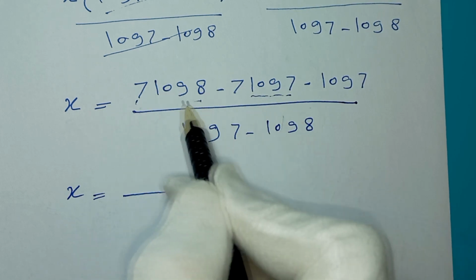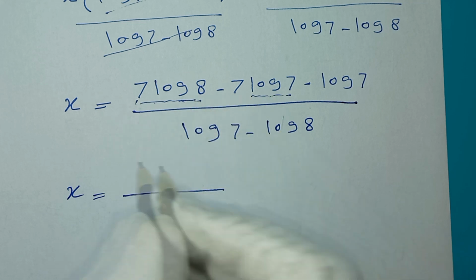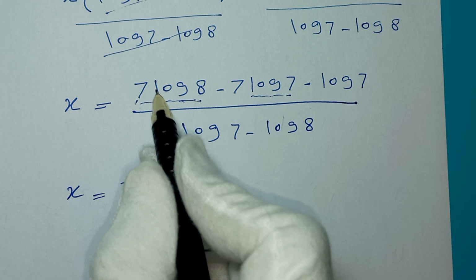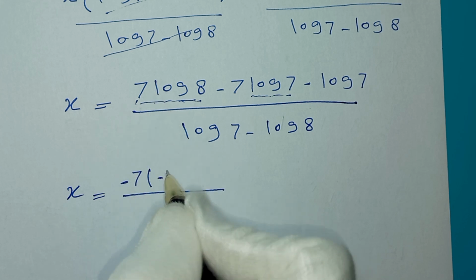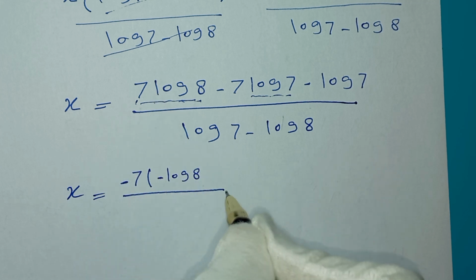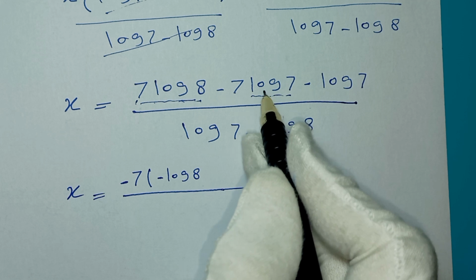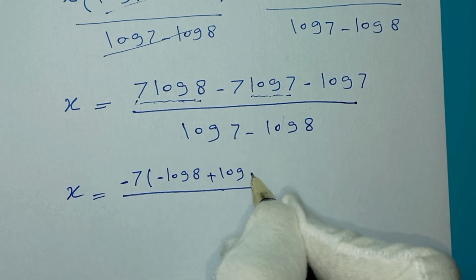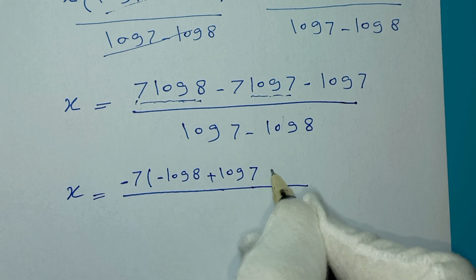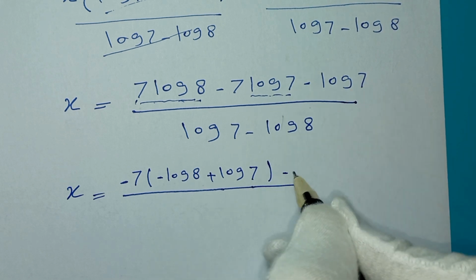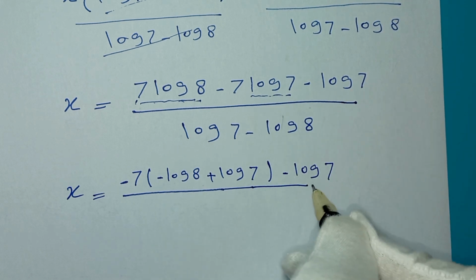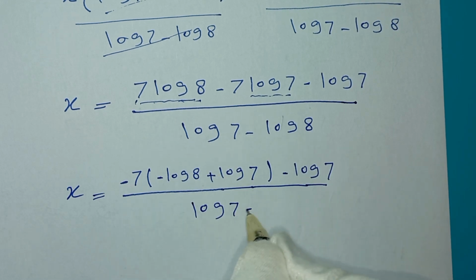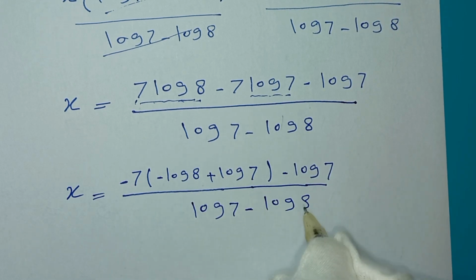From these two parts, we can factor out minus 7, and it will be this divided by this is minus log of 8, and this divided by this is plus log of 7. And also we have minus log of 7 divided by log of 7 minus log of 8.